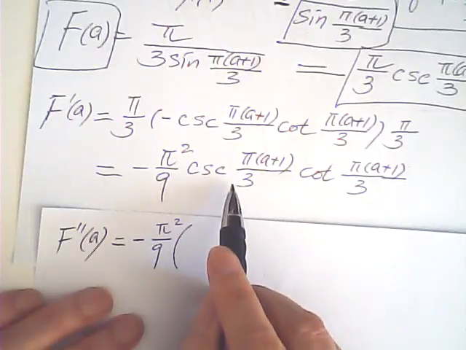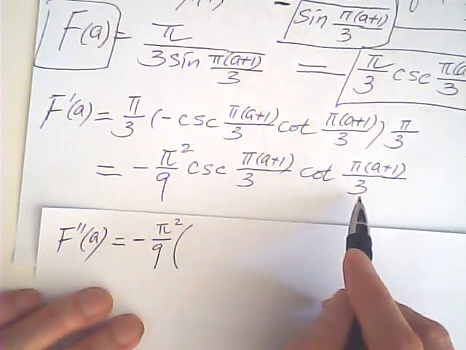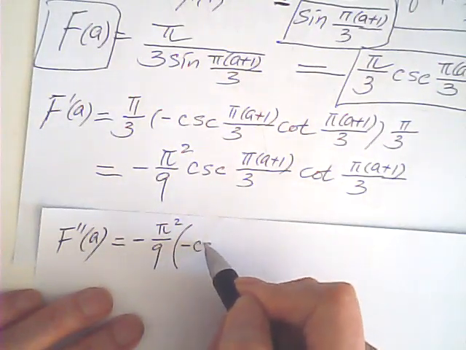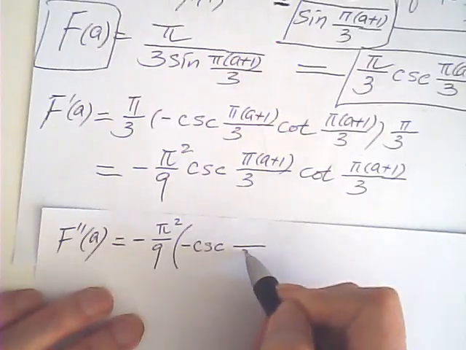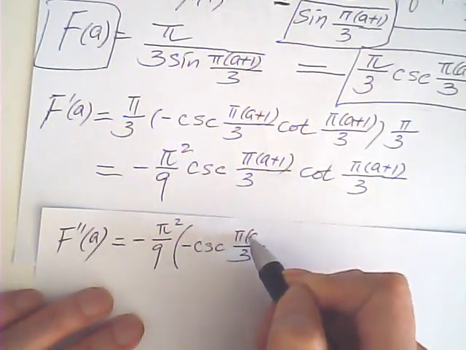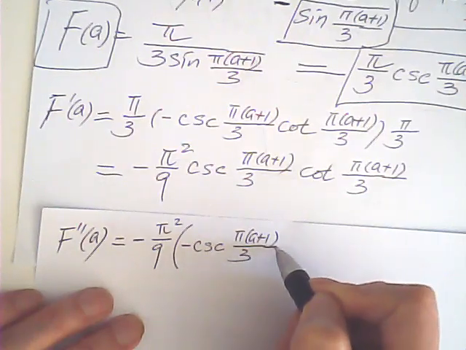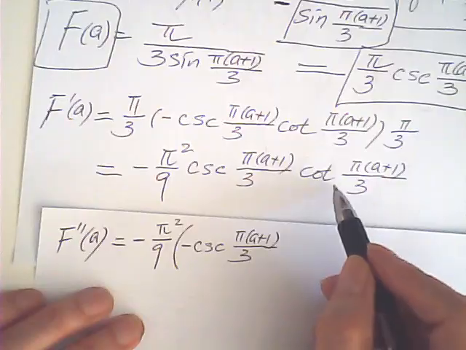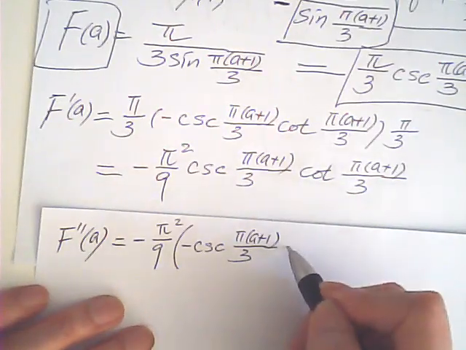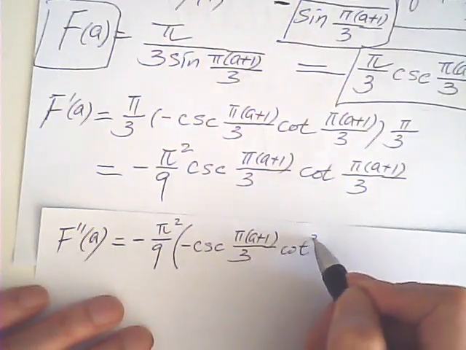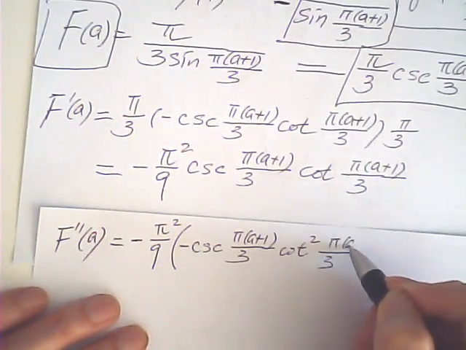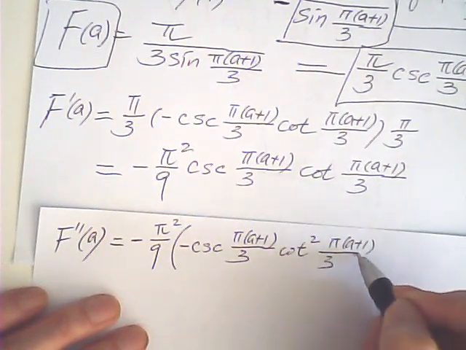The derivative of the first is negative cosecant times cotangent, then times the other cotangent, so it becomes cotangent square of pi third a plus 1.